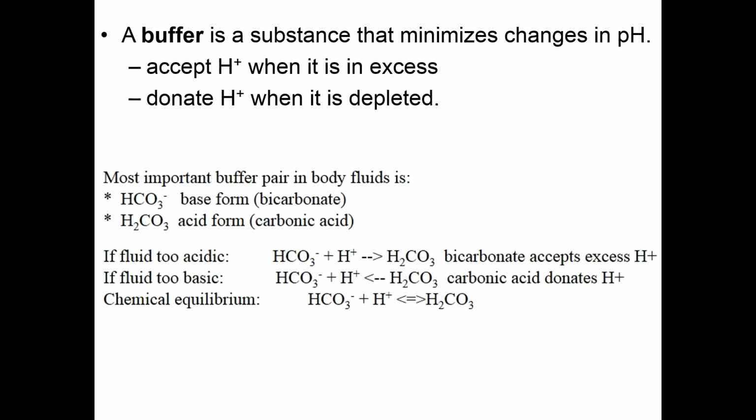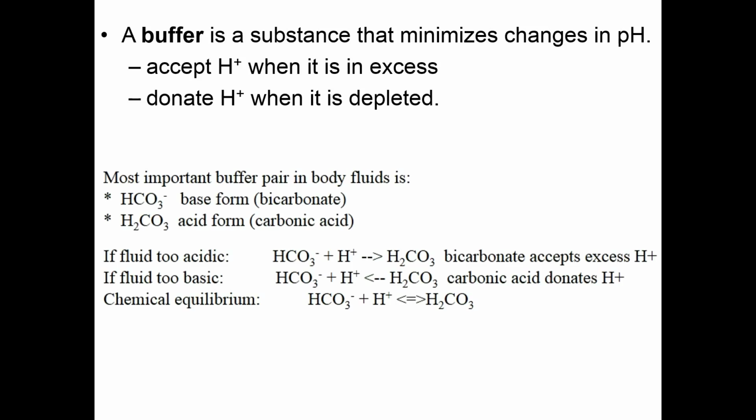Okay, so talking about these fluctuations in pH. When you're talking about solutions in living systems, it's very important that these solutions, for instance, like blood, remain within a certain set of parameters.